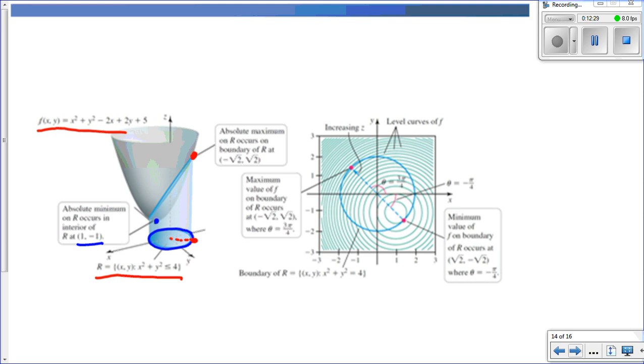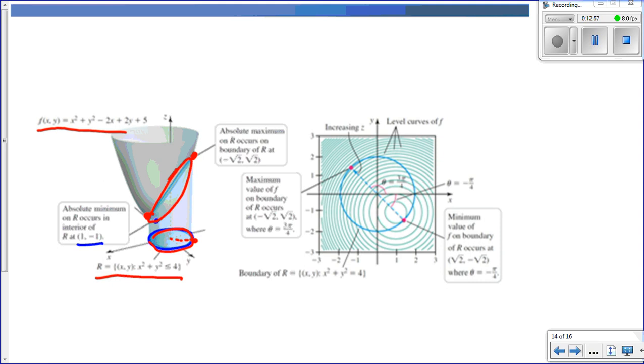And the other point on the boundary, as we're going around this circle, you're moving along this path on the surface, and the lowest point along that border of the circle was at this other point over here, and that was the 9 minus 4 times the square root of 2, which was approximately 3.3.